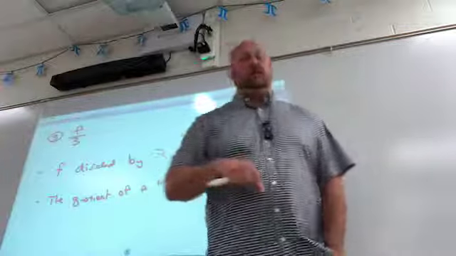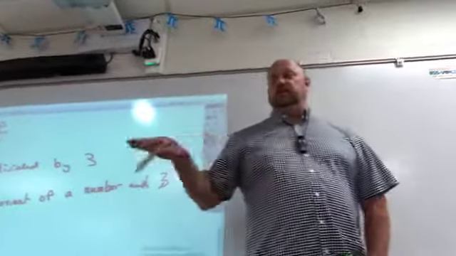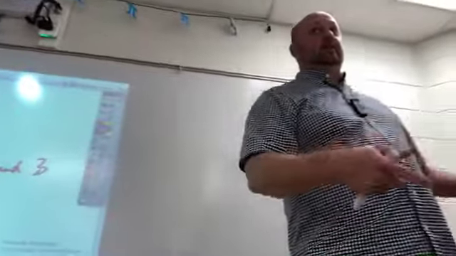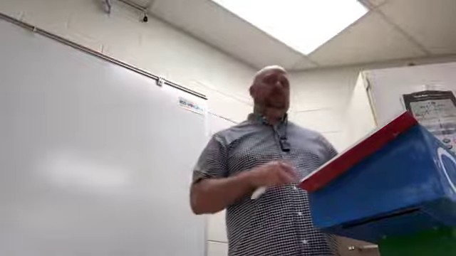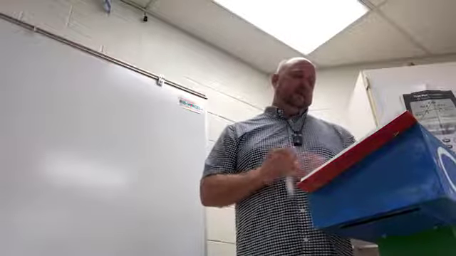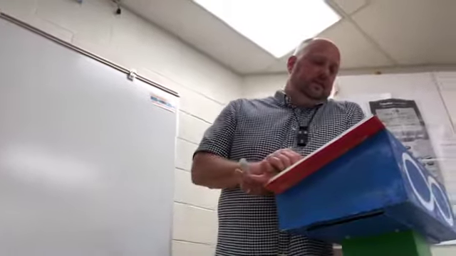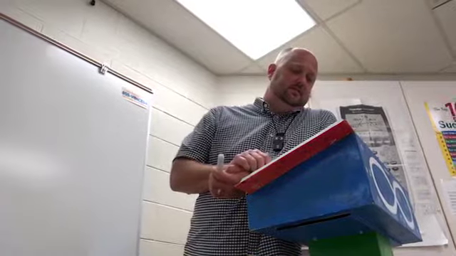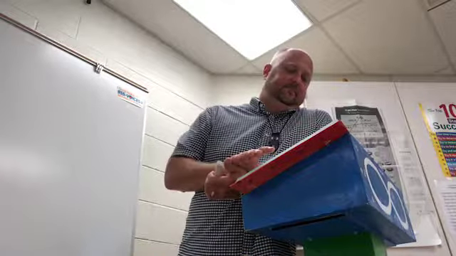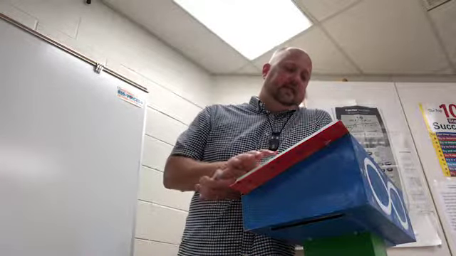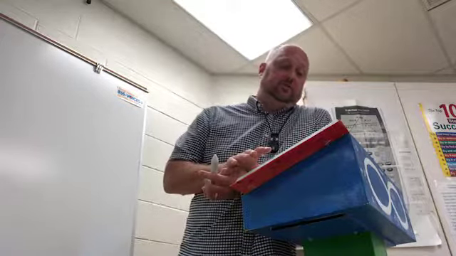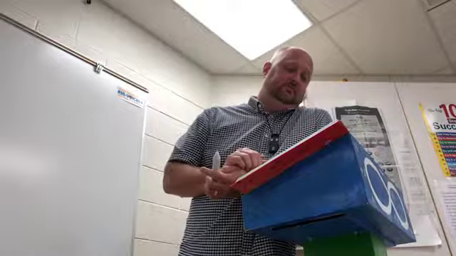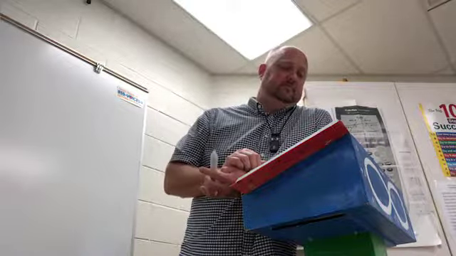Okay, we also have to be able to go the other way. Everybody clear your board. I'm going to read something to you, and I want you guys to just write what I say in algebraic form. Okay? Sam is 2 years younger than Sue, who is Y years old. How old is Sam?